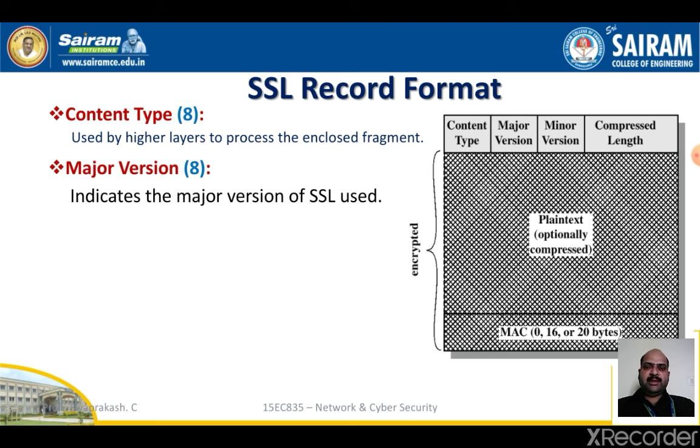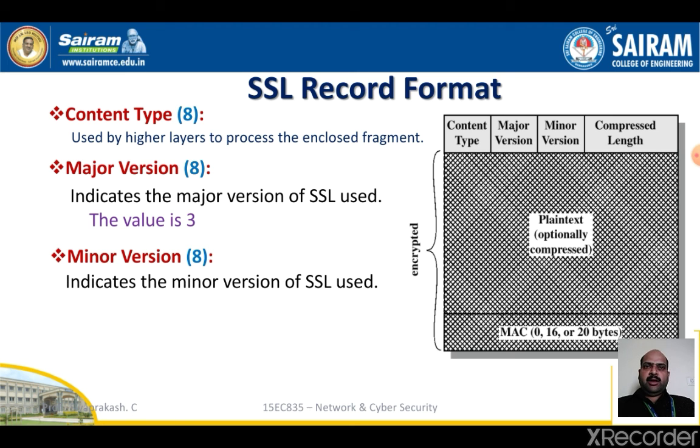For SSL v3, the value is 3. Then the minor version, 8 bits, indicates the minor version in use. For SSL version 3, the value is 0. Then the compressed length, which is 16 bits: the length in bytes of the plaintext fragment, or compressed fragment if compression is used. The maximum value is 2 to the power of 14 plus 2048.